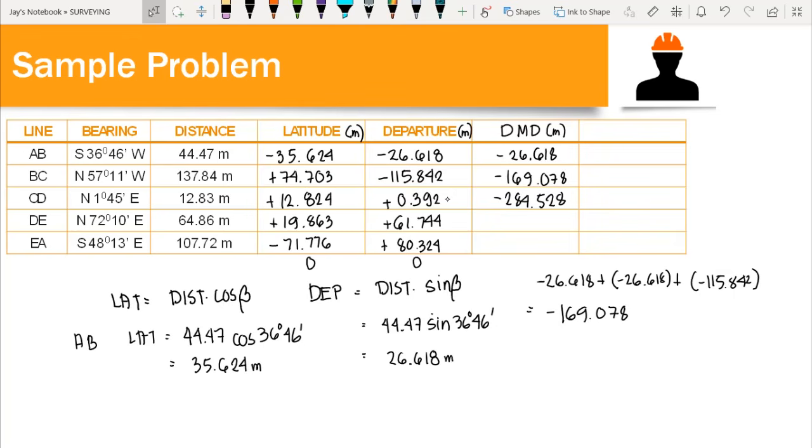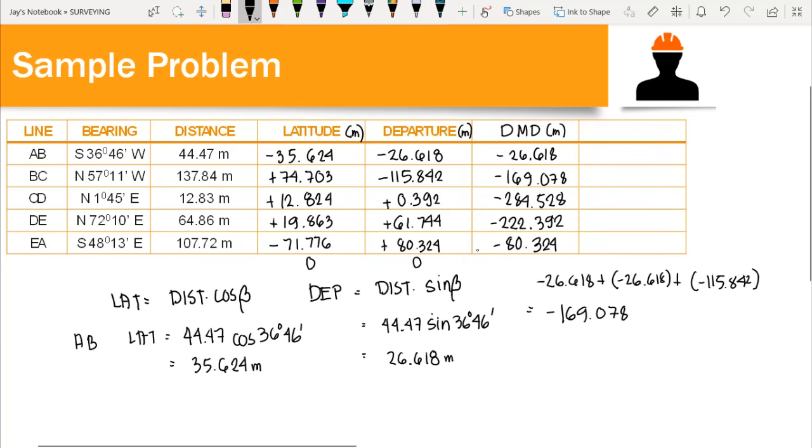Again, the same procedure: you add this DMD plus this departure plus this departure, and that gives us negative 222.392. And lastly, we have negative 80.324. So you have now the values of DMD.